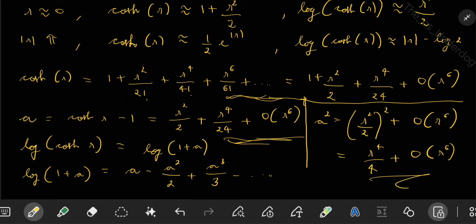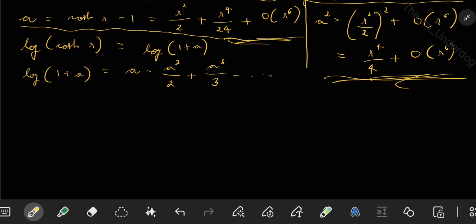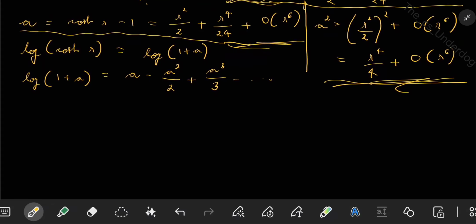Okay. I already know the value of a from here, and I know the value of a square from here. Why do I want the value of a and a square? Because I want to substitute those here, for log of 1 plus a. Let us see how I am substituting and how I am using those values. So my value of log cosh of r, we already discussed that log 1 plus a is log cosh of r.